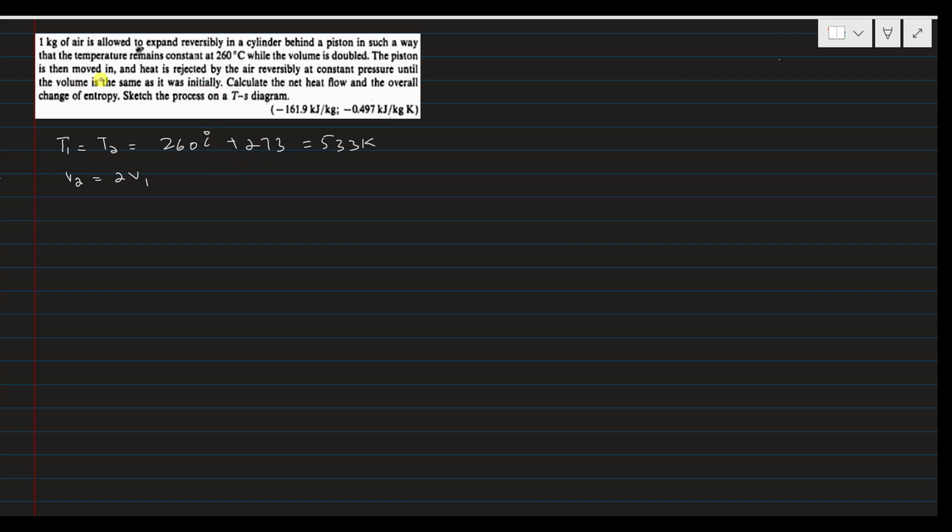Then the piston is moved in, so heat rejection takes place. So the second process takes place at a constant pressure. Let me draw its TS diagram. Here is the temperature axis. T1 and T2 are the same, equal to 533 Kelvin.